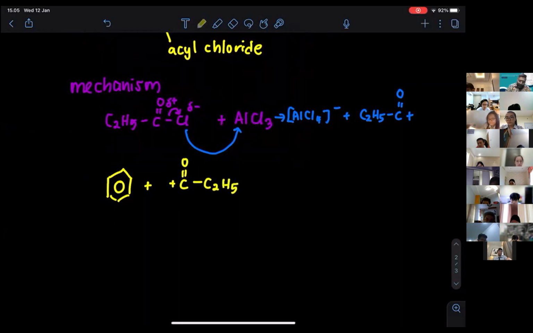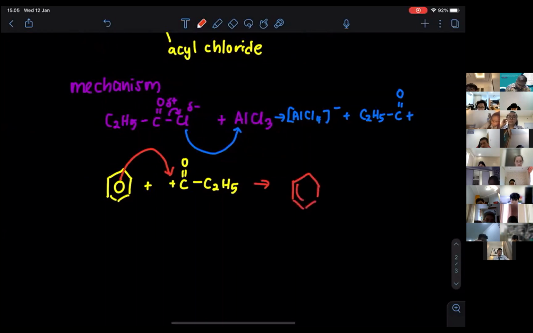What happens is the electrons will go towards here. How many electrons? 2 electrons. Earlier they have the hydrogen, which I didn't show. You will have something like this: a new bond is formed, and the previous bond to the H stays. The new bond is C double bond O, C2H5.